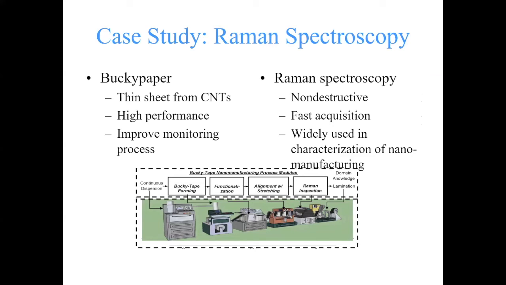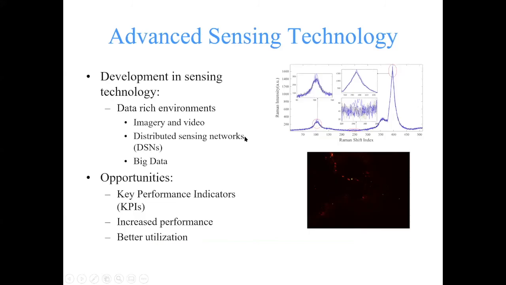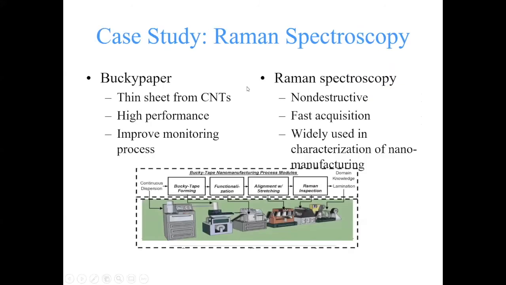An example here, if you look at this particular profile data, it comes from a very complex production process of bucky paper or carbon nanotubes. They are thin sheets, and they are high performance, and they are very conductive of electricity. If you've ever heard of carbon fiber, it is essentially how this carbon fiber is being produced.